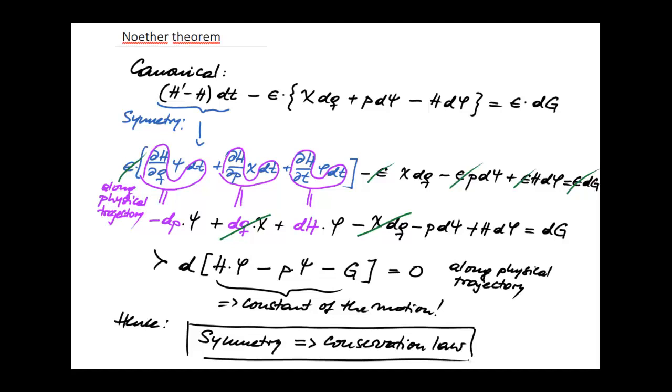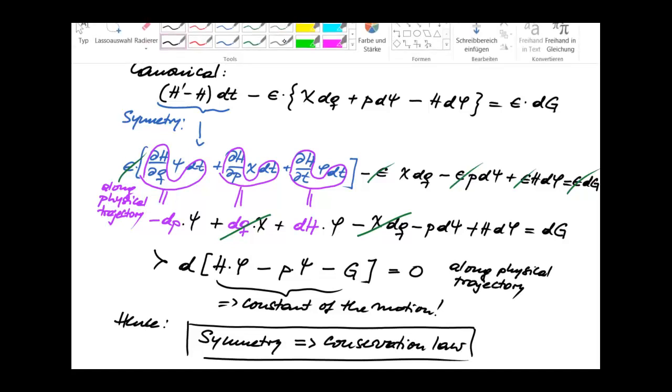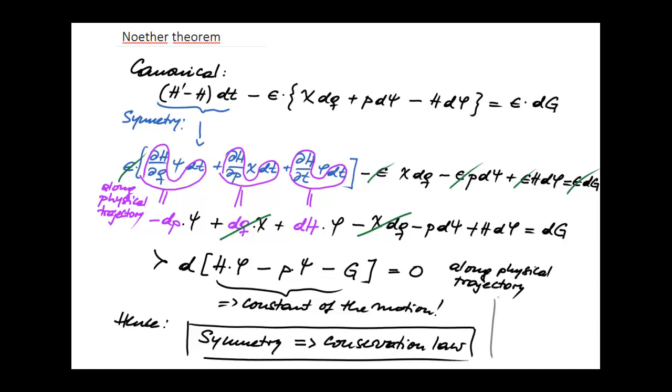Now, all the calculations here I did in one dimension, so I didn't have to carry any indices for my coordinates. Just for completeness, when you have more than one degree of freedom, then in this formula for the constant of the motion you must replace p times psi by the sum over i, p_i psi_i.